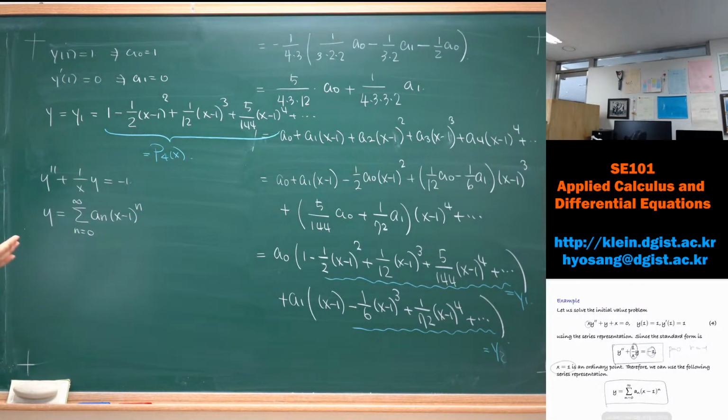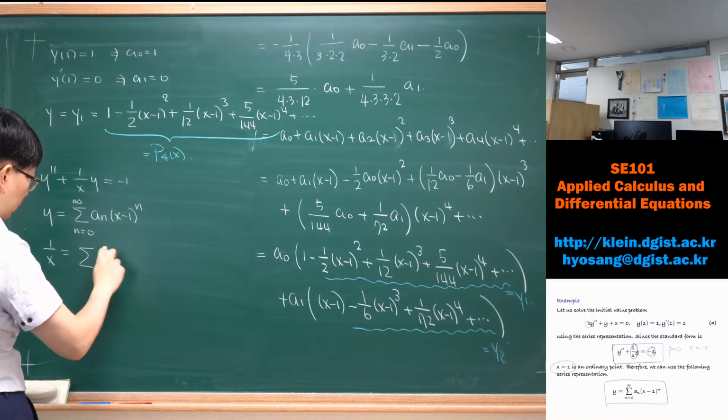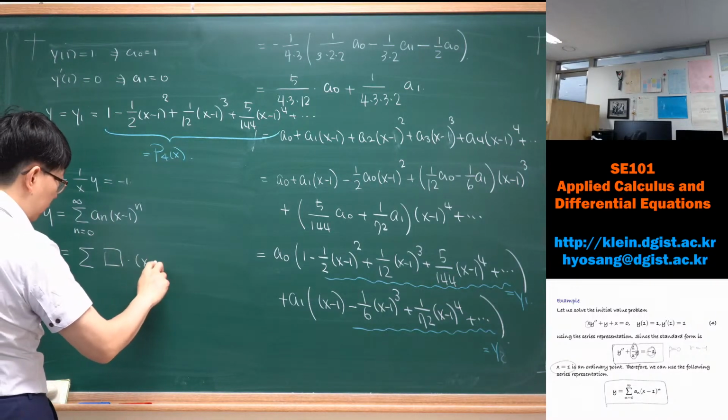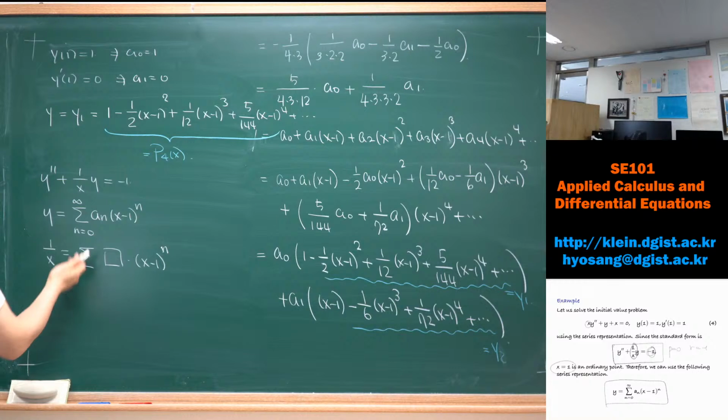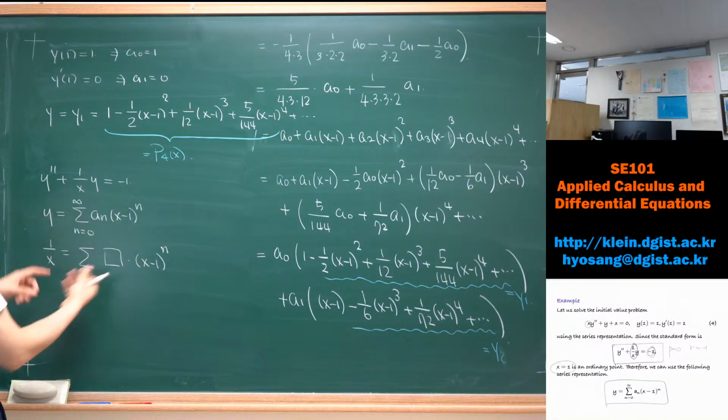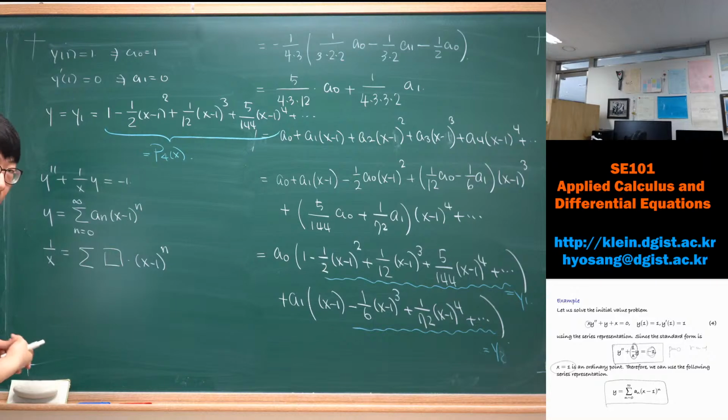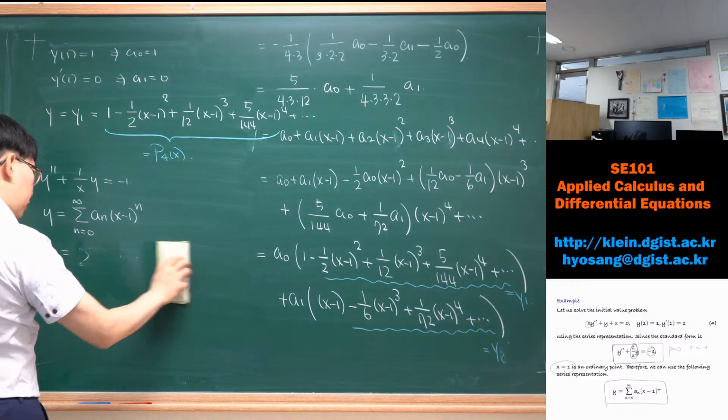So 1 over x must also be written in terms of a series expansion at 1. So I also need 1 over x in terms of x minus 1 to the power of n with some coefficient here, because that's how I can combine these power series centered at 1.